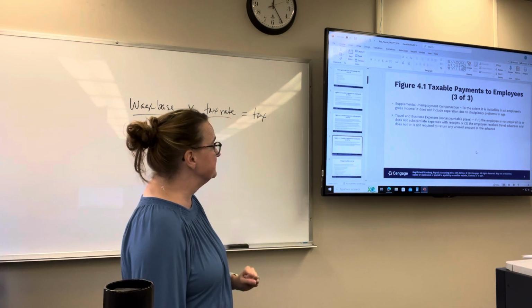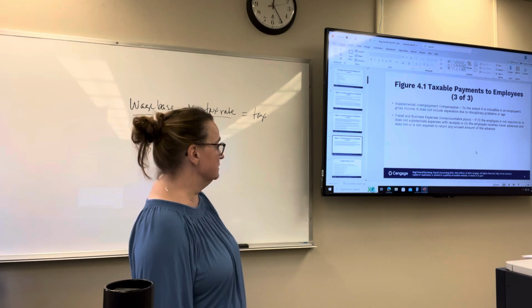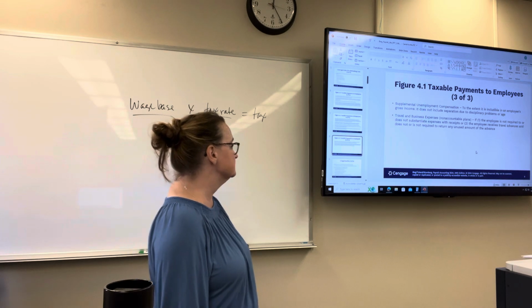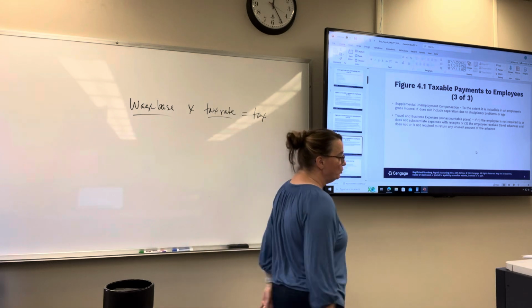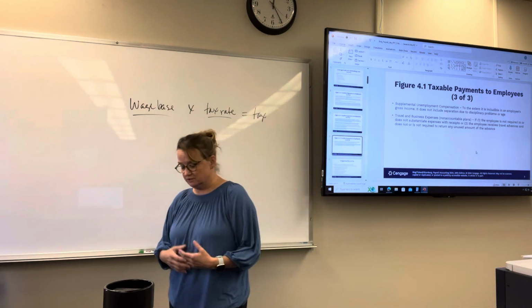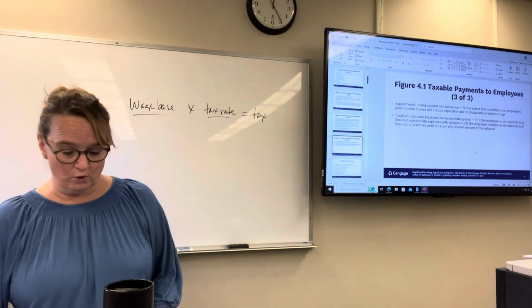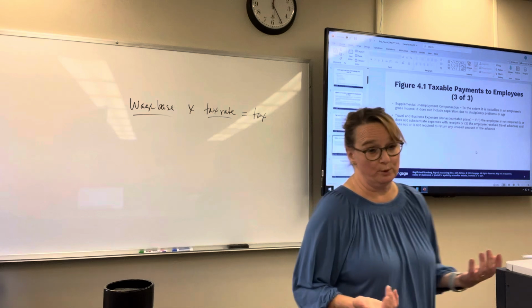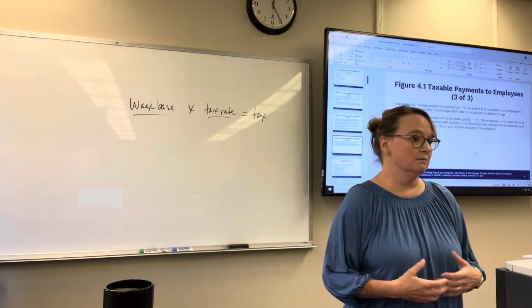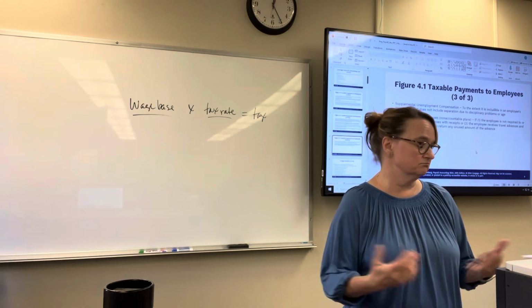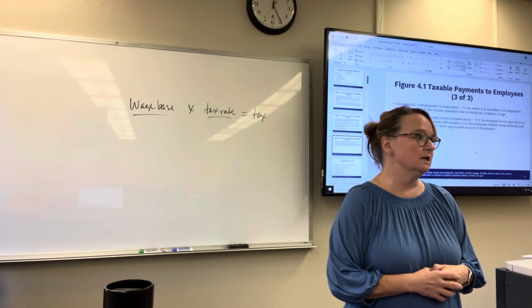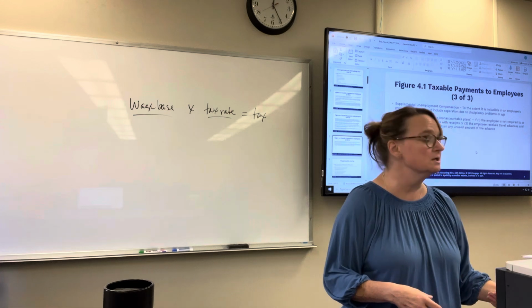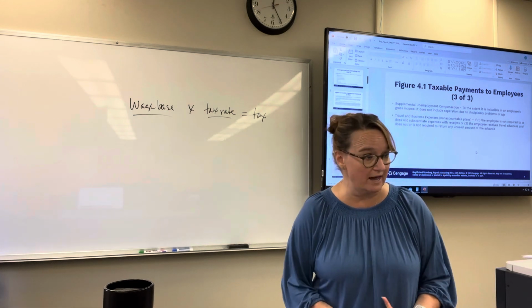Travel and business expenses. There is a distinction here between what we call accountable plans and non-accountable plans. What I'm talking about here is if the employee is reimbursed for some of those expenses, like an employee that goes to a conference in New Orleans, and the employee pays out of pocket to go to that conference and then gets reimbursed by the employer for the expenses of that conference.